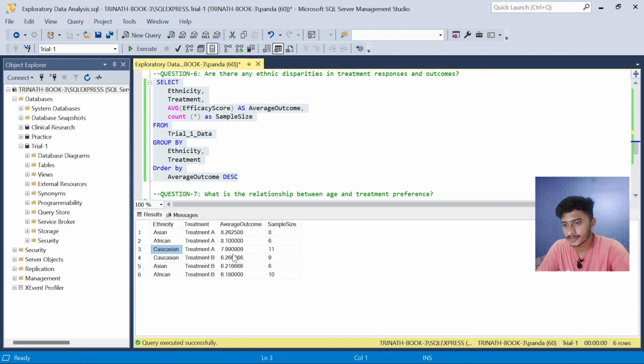So I think they have a huge sample size. So yes, I think there are ethnic disparities between treatment responses and outcome.